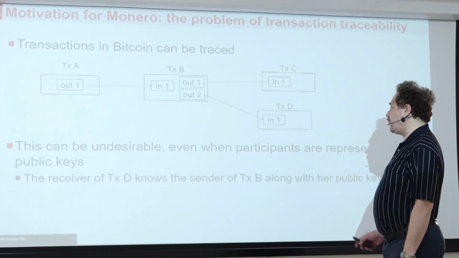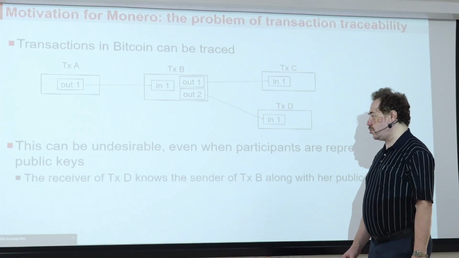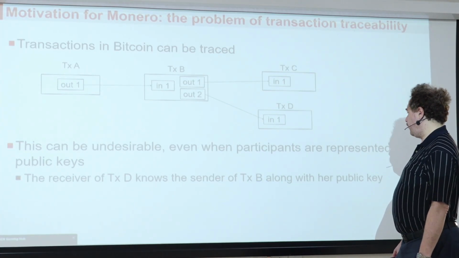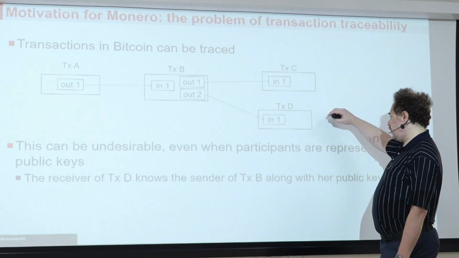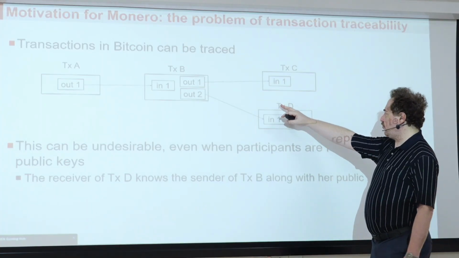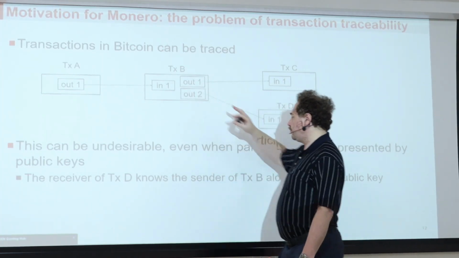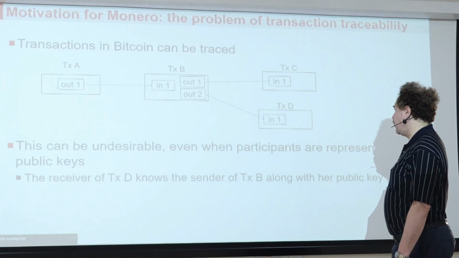This graph is undesirable even when participants are represented by public keys and not by real identities. Because, for example, the receiver of the transaction would usually know the sender of the transaction along with her public key.